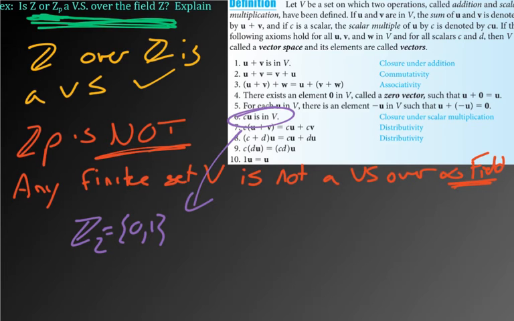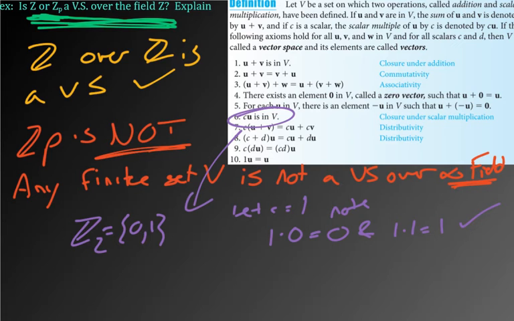If you let C be 1, it's fine, right? If you let C equal 1, note that 1 times 0 is going to be 0, and 1 times 1 is going to equal 1, and those two are fine.